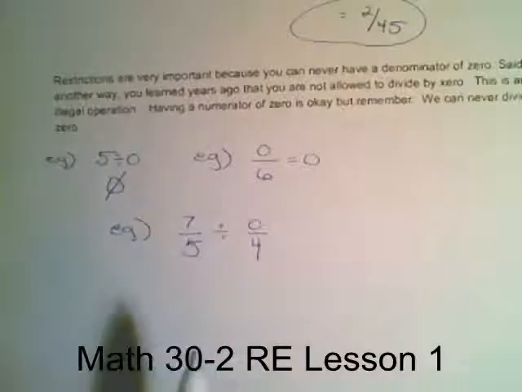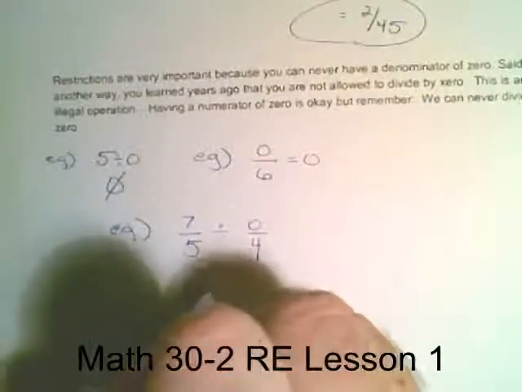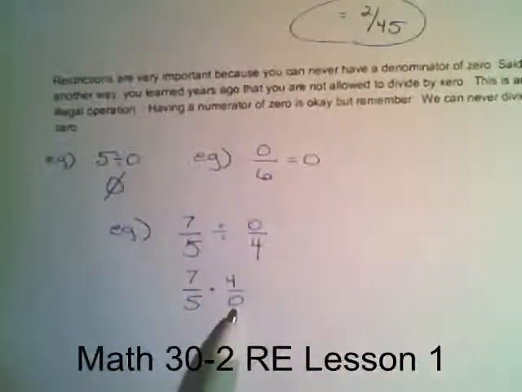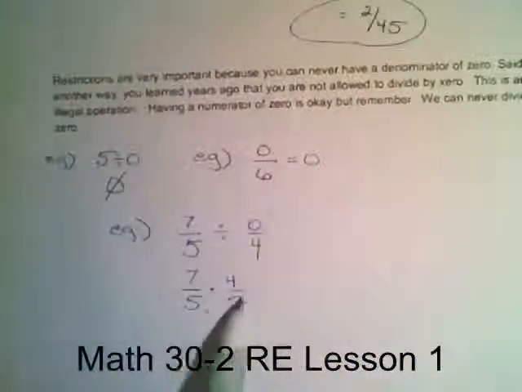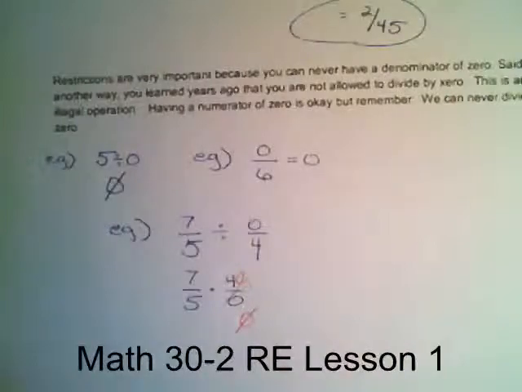Other examples here just to keep in mind, look at this one. 7/5 divided by 0/4. At first glance, 0/4 is an allowable fraction. There's nothing wrong with that fraction. But when I look at this one, I say, okay, I'm all set and ready to go. So it's 7/5 times 4/0.